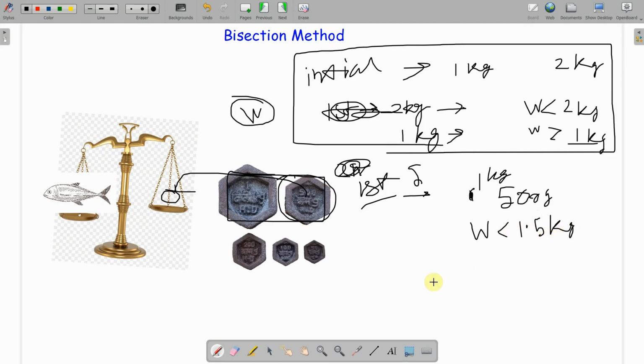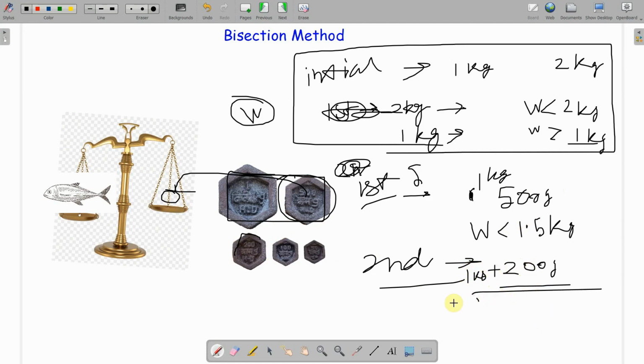So you will go for the next guess. After the initial guess, you go for the first guess by putting 500 gram, then he will do the second guess and put a smaller denomination like 200 gram. He will remove the 500 gram and put 200 gram, so it will be 1 kilogram plus 200 gram, and he sees that the weight is greater than 1.2 kg.